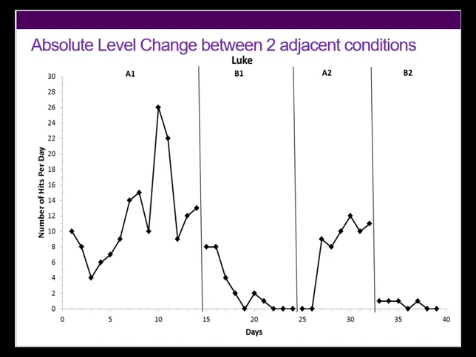Now we can conduct between phase analyses by examining data between A1 and B1. Let's start by analyzing the absolute level change between two adjacent conditions. We compare the final ordinal data point from the first condition, approximately 14 in A1, with the first ordinal data point in the adjacent condition, approximately 8 in B1.